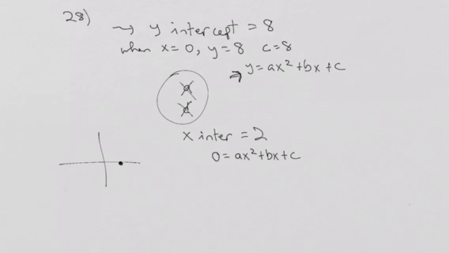And so this equation should look like this, based on the fact that the y-intercept is 8. This number should be 8. And if the x-intercept is 2, we could say that negative b over 2a, which is our x-intercept, has to equal 2.